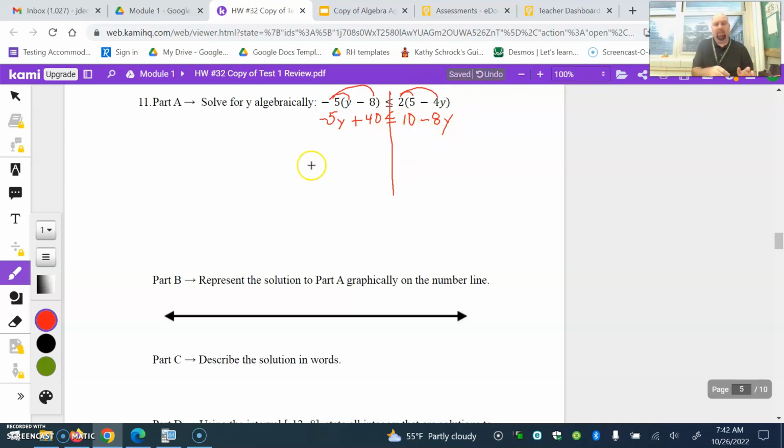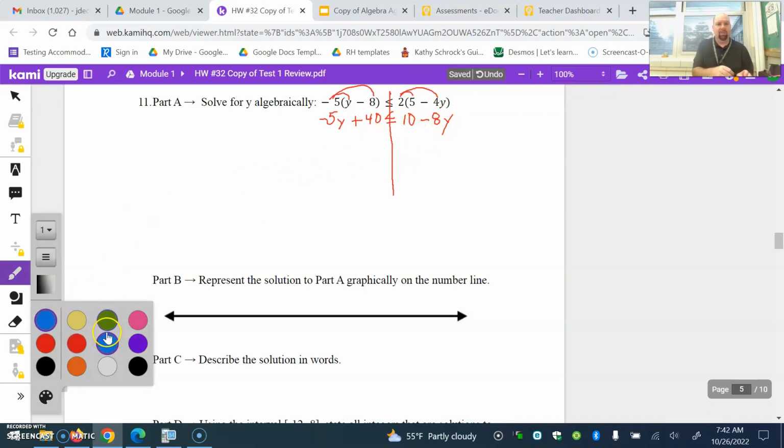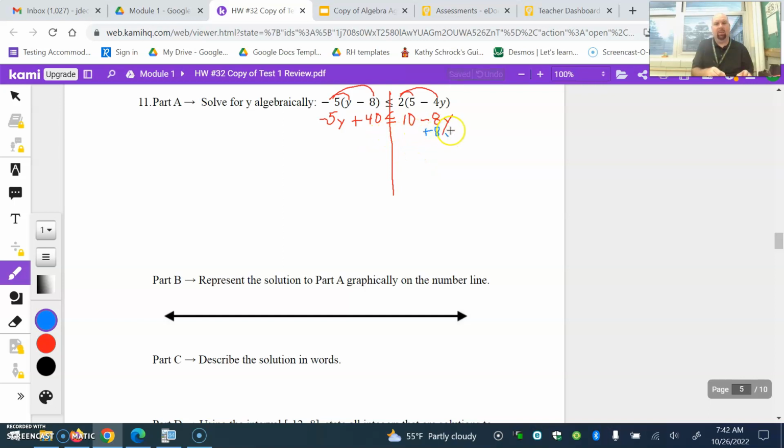How you do the next step is up to you. Let me change the colors. I am going to add 8y to both sides, so I get a positive variable on the left side. And we get 3y plus 40 is less than or equal to 10.